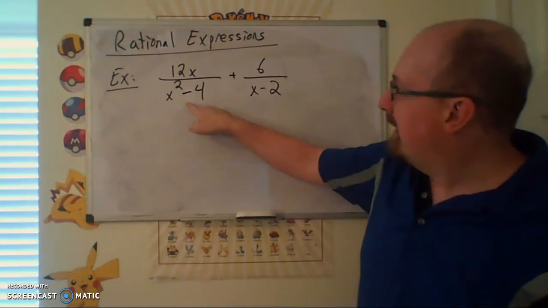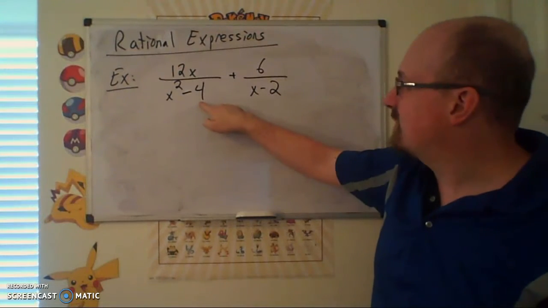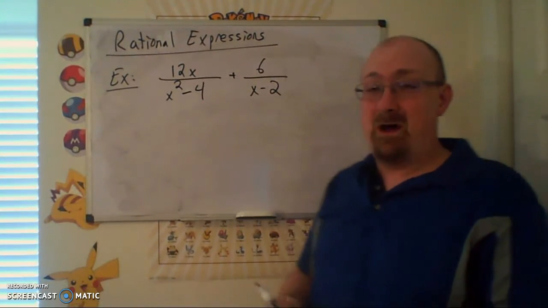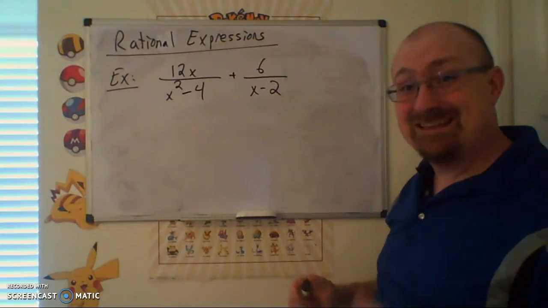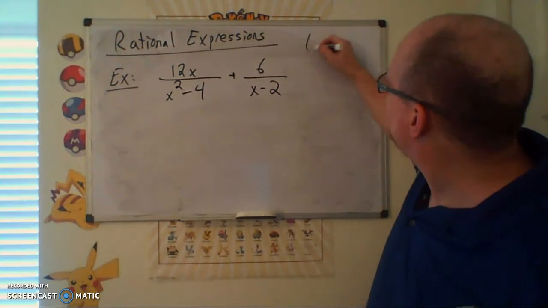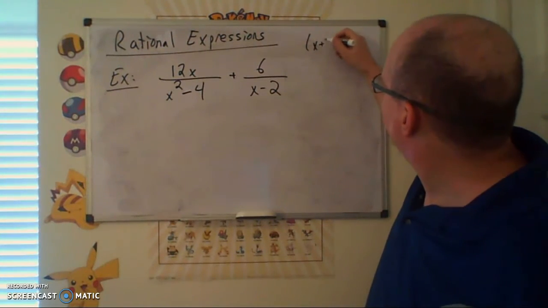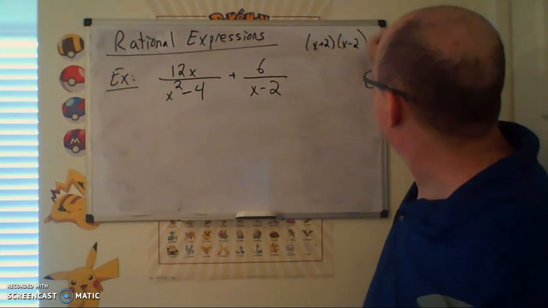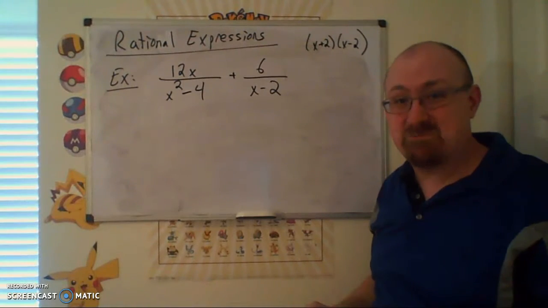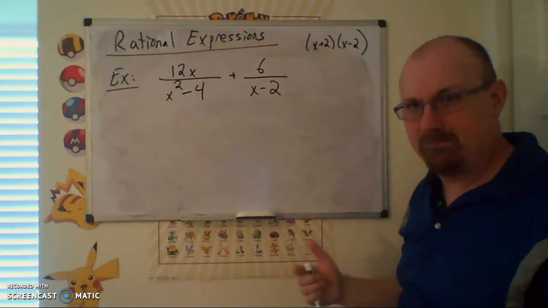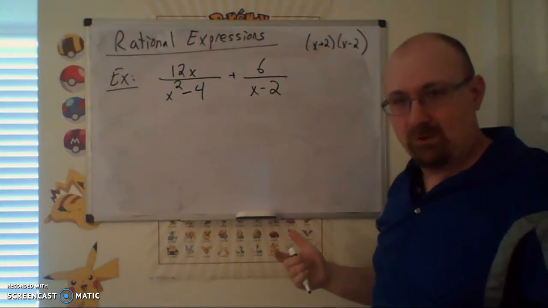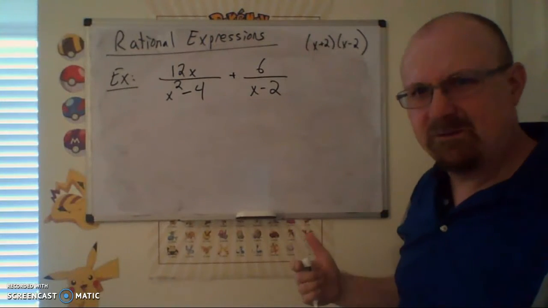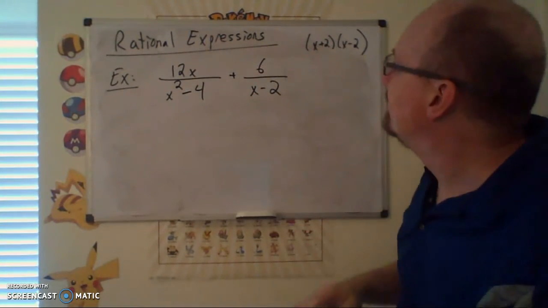You may recall this x squared minus 4 is what math types like myself refer to as a difference of squares. It looks like x plus 2 times x minus 2. Trust me, boil that out and you'll get that same structure. You can look up differences of squares if you need a reminder.